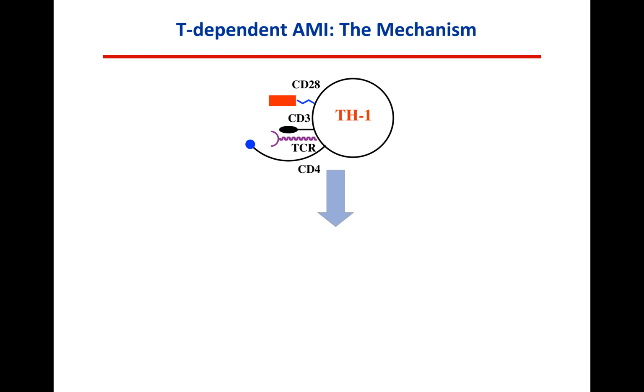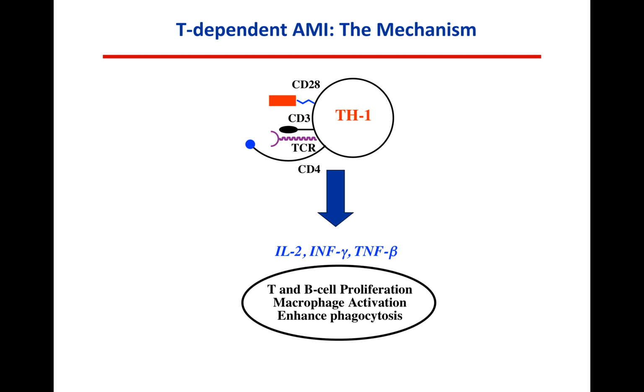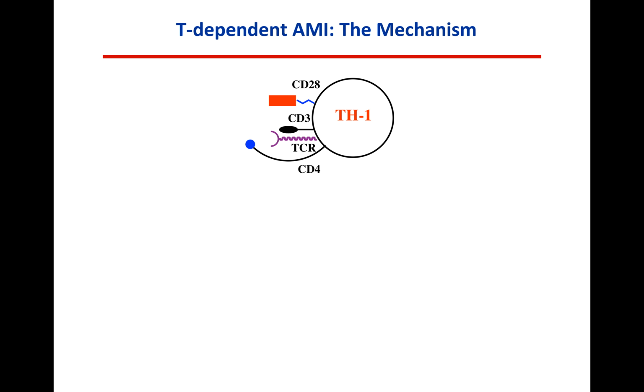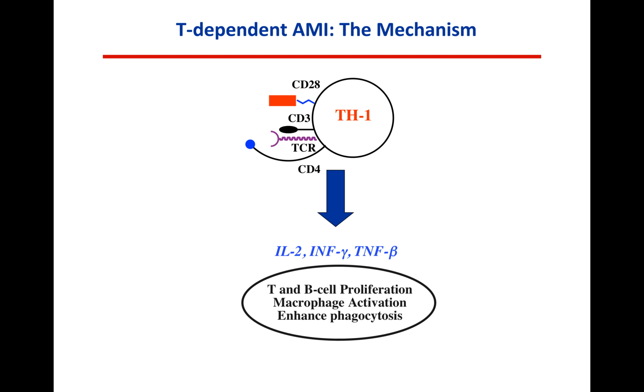Now for a Th1 cell, I just want to point out, remember, we get Th2 and potentially Th1 cells. We're going to come back to this, but I wanted to point out that these Th1 cells are important because they will drive B cell and T cell proliferation and macrophage activation by the production of IL-2, interferon gamma, and TNF beta.